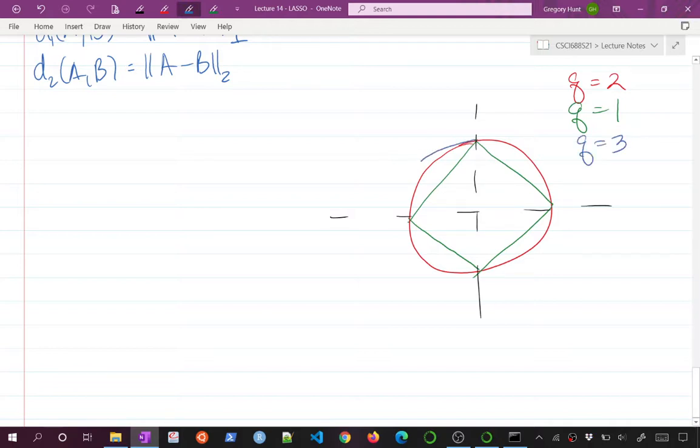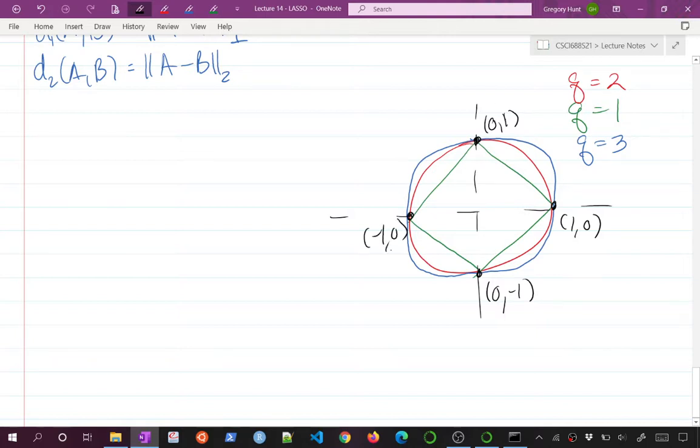Well, I'm going to get some kind of ellipse that's going to be bigger than, it's not quite a circle, it's some kind of ellipse. It's supposed to be a real ellipse, but it's going to look kind of like that. So these points here, this is the point 0, 1. This is the point 1, 0. This is the point 0, -1, and this is the point -1, 0, right?